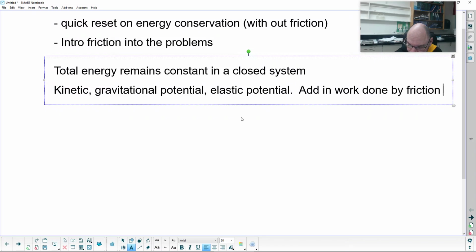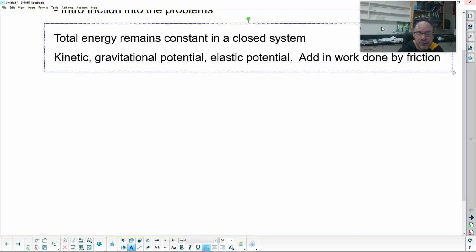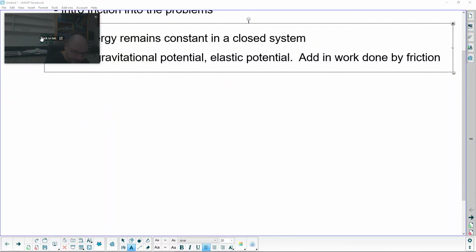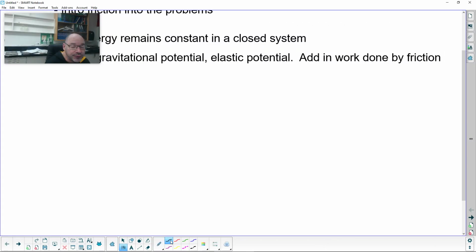Let's do somebody maybe skiing down a hill or something like that. So let's draw a little hill here. I'm going to put myself over here. We're going to use a diagram format for our problem today.